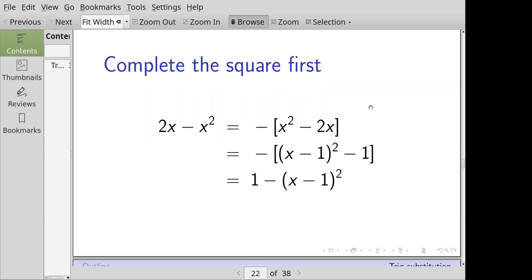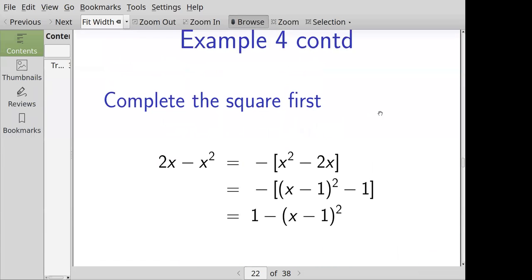So it's x minus 1 squared minus 1. Now let's use the minus sign, and then you'll get 1 minus x minus 1 squared. Is that algebra okay? Yes, sir.